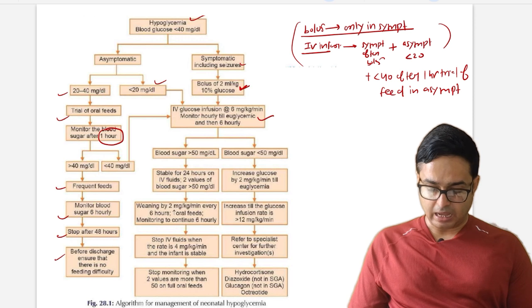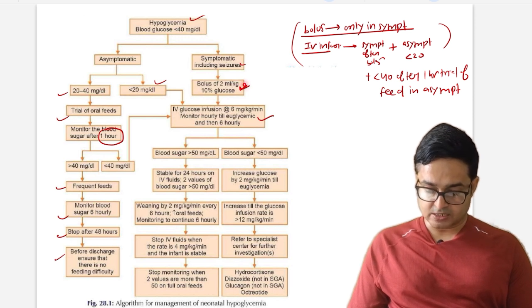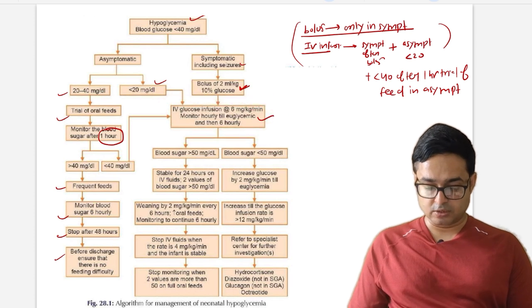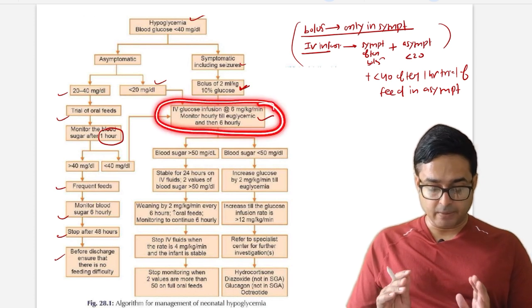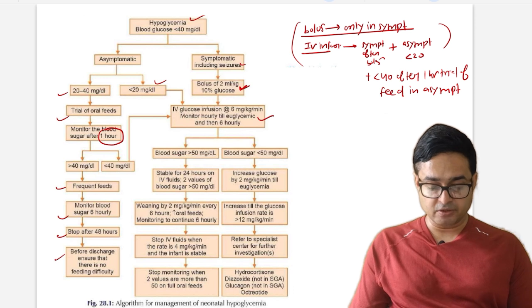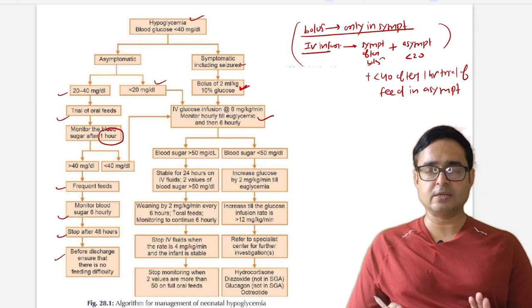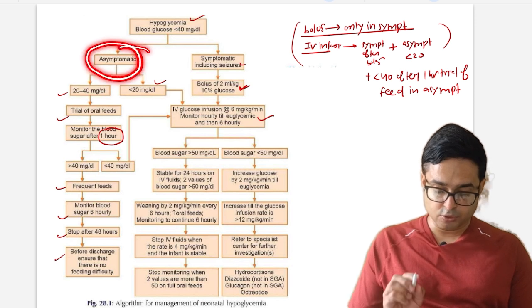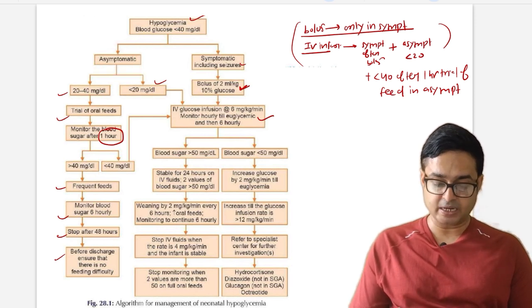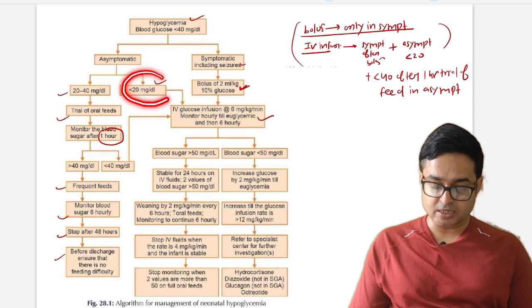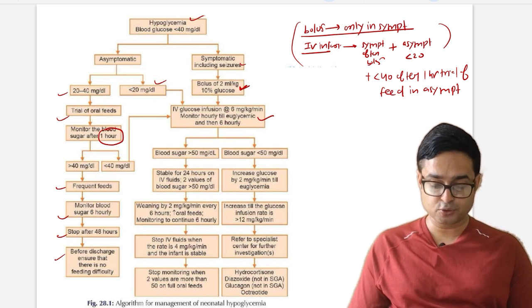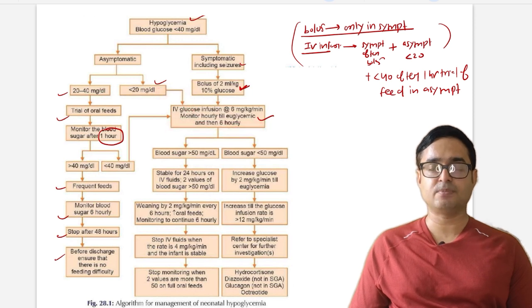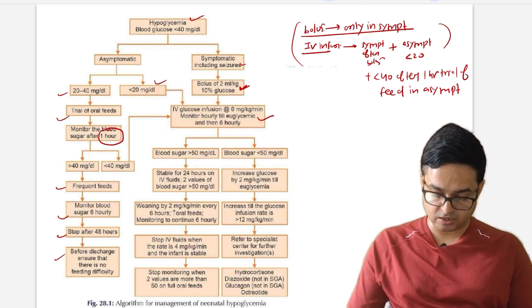After giving bolus, you have to start glucose infusion. But in an asymptomatic neonate, you will not give bolus. If an asymptomatic neonate has less than 20 milligram per deciliter of sugar, you will start glucose infusion at 6 milligram per kg per minute, not bolus, just infusion.